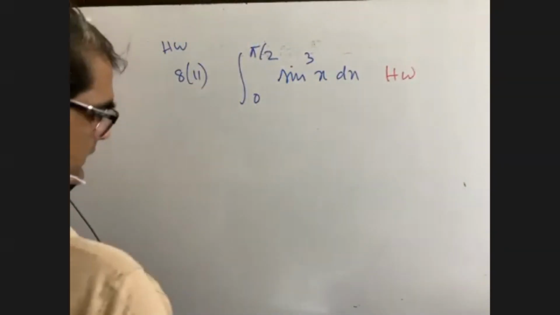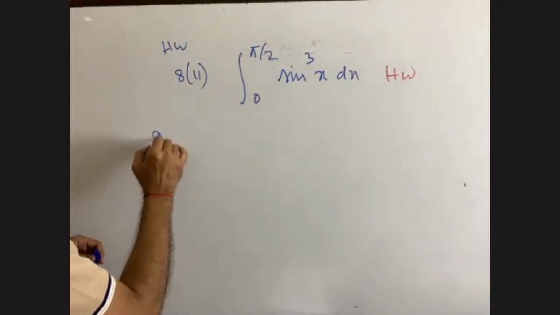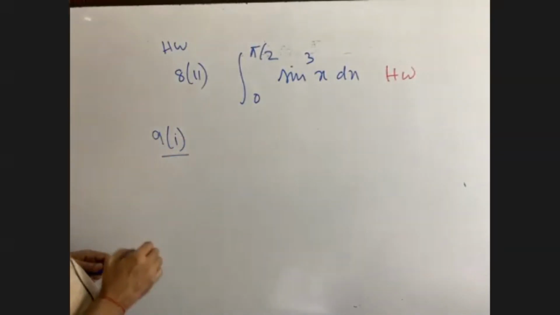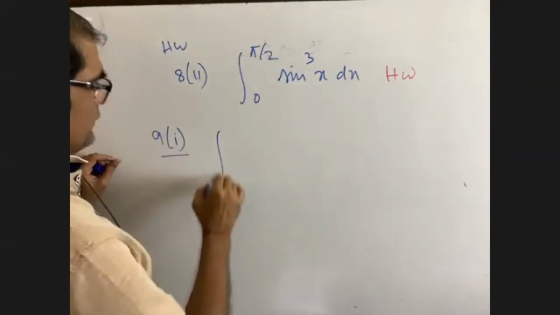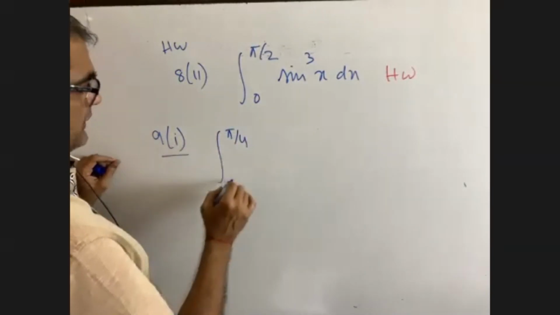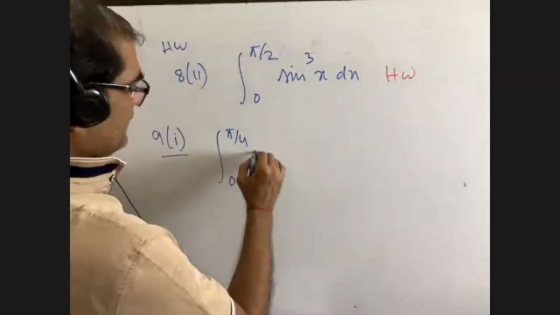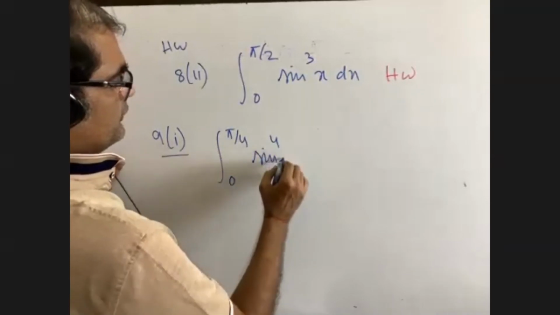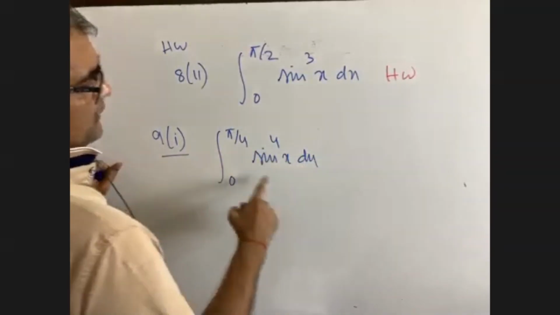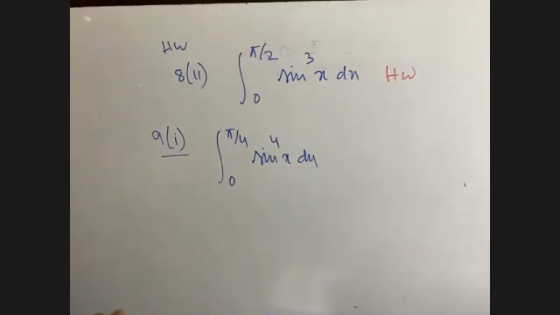Okay. Can you remember one thing, dear student, that I did a lot of maths on this. This is pi by 4 to 0 of sine 4x. Can you remember we did this math? Hello, everybody.